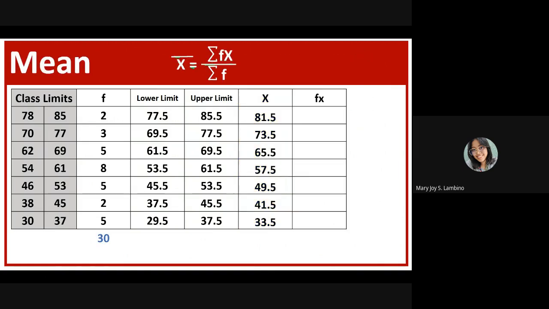So let's have the mean, in which our mean is equal to the summation of fx over the summation of f, wherein summation of f is also the total number of scores. Mean is represented by x with a line in the upper part. Now, we need to multiply first the frequency and the midpoint to get the fx.